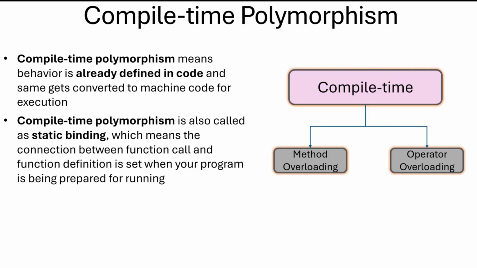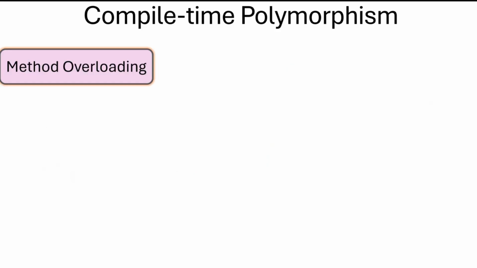That is why it is called compile time polymorphism, or also known as static binding. That binding between the function call logic and the definition of the function defined in the code is known before the program actually executes. Let's understand the different types of compile time polymorphism.